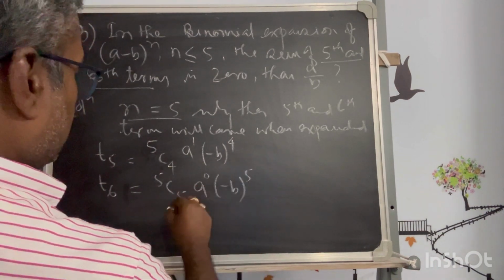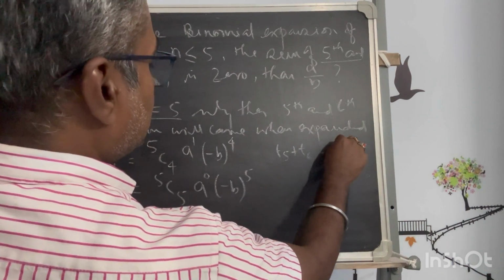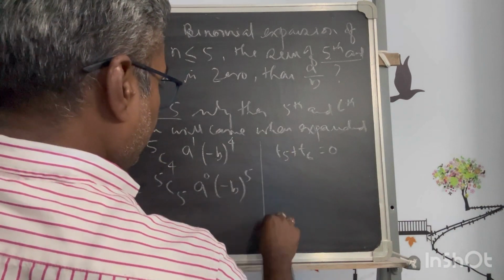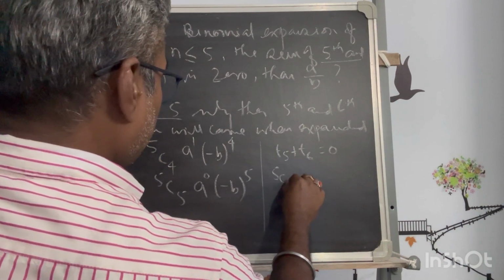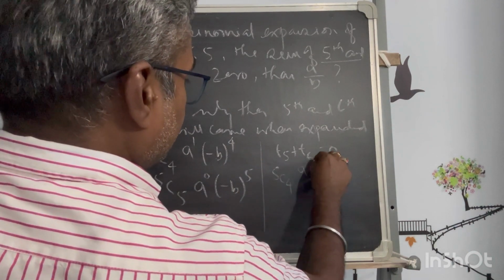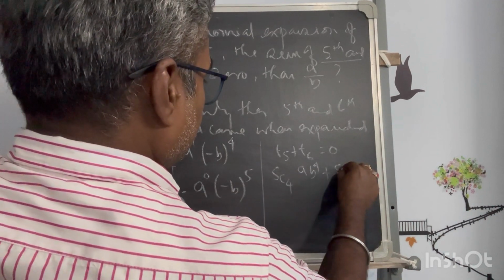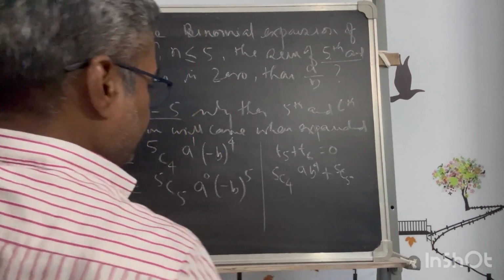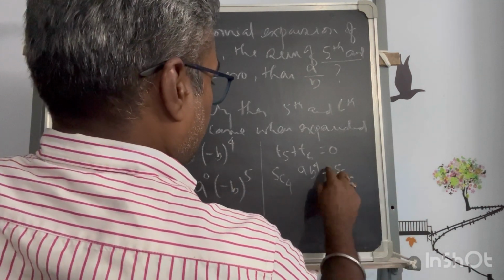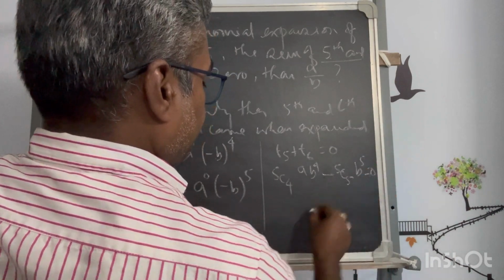Now, as per the condition, t5 plus t6 is equal to 0. So now if I put the value, 5C4 a times (minus b) whole to the power 4, means b to the power 4, and plus 5C5, a to the power 0 means 1, and b will be minus, so this will come as minus b to the power 5, is equal to 0.